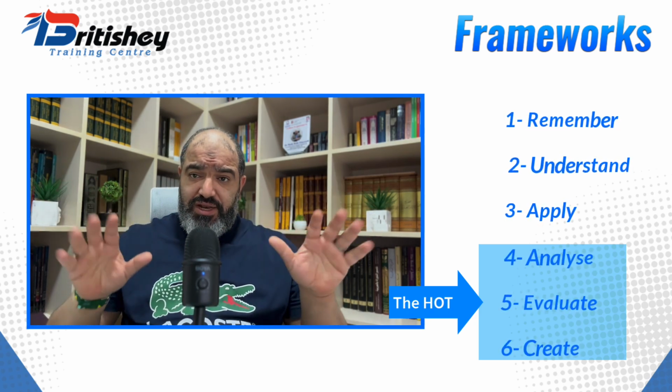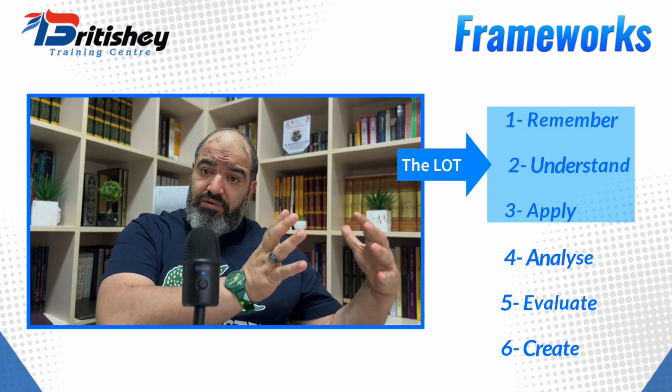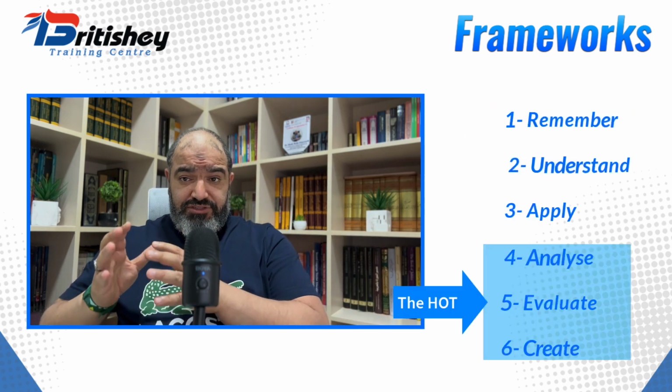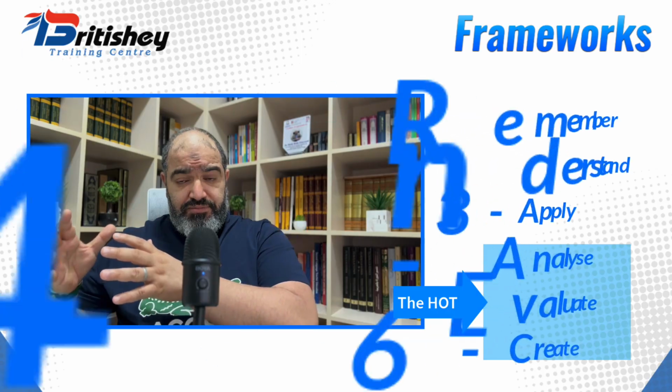So 6 main levels. 3 are for lower order thinking skills, and the last 3 are for higher order thinking skills. Okay, good. Now let's talk about level by level and how it can be used in a language lesson. Let's talk about the practical part that English teachers can actually use.